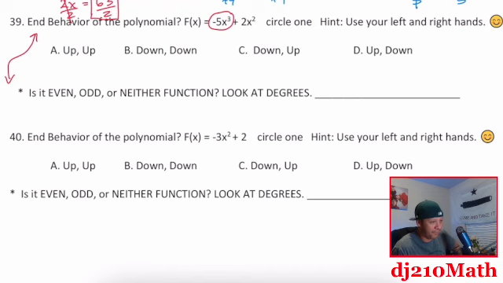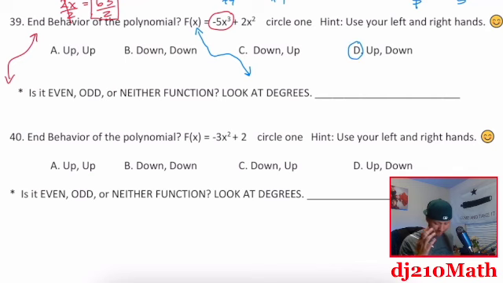Technically, it's negative 5X cubed. I don't care about the number. The negative X cubed is going to flip it. So negative X cubed is actually going to look like this. So it's going to be up and to the left and then down and to the right. That's what it's asking for.